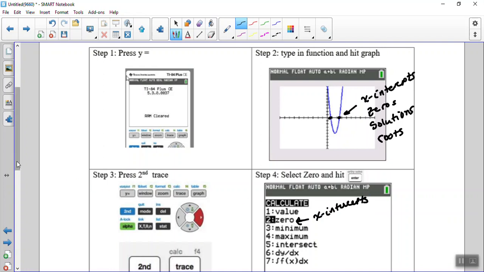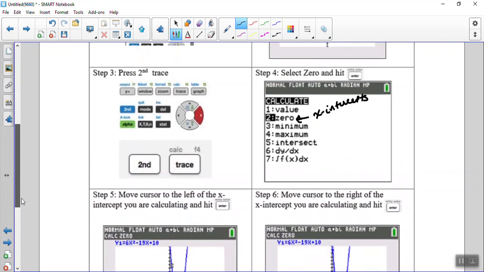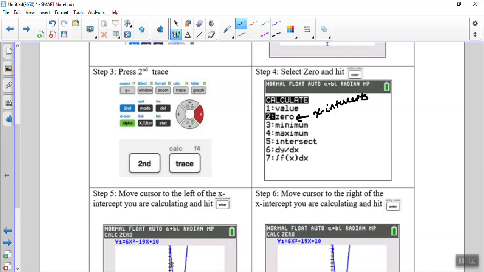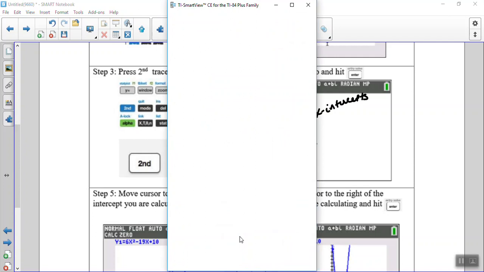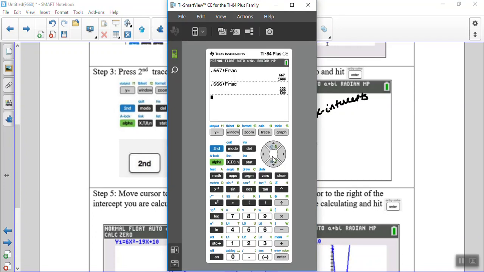Okay, I'm not going to go through the steps to show you how to calculate it in your TI-84 calculators, but I will show you how we find x-intercepts on Desmos. Okay, and it's actually a lot easier on Desmos. I'm not going to show you on this calculator.